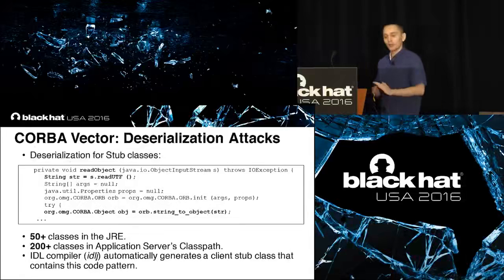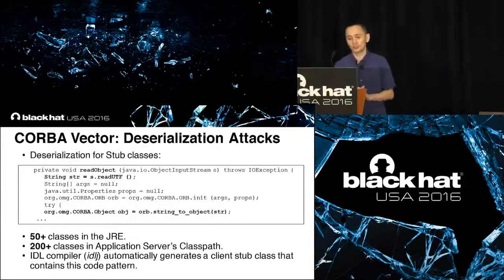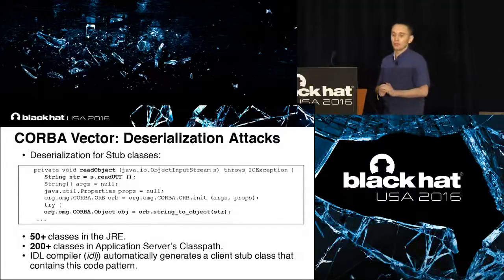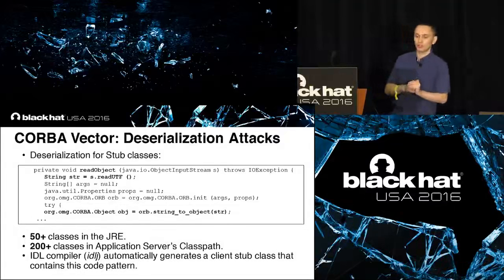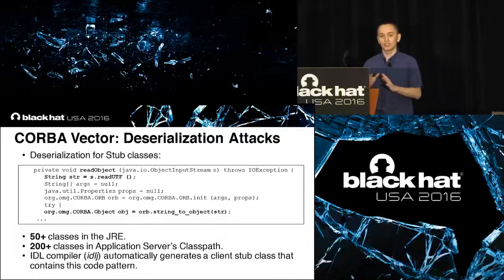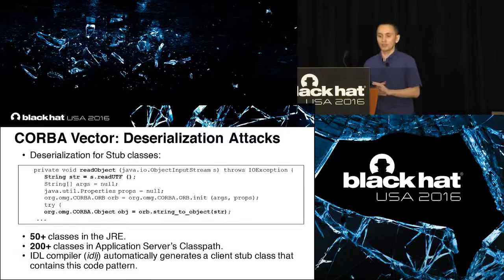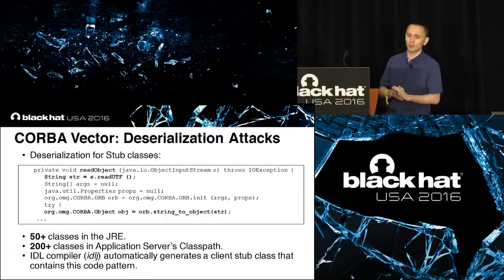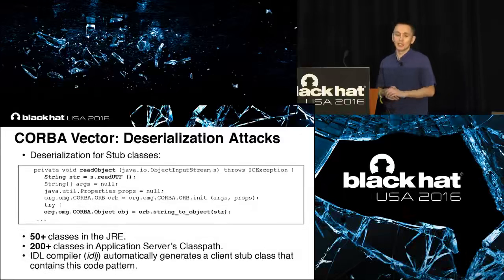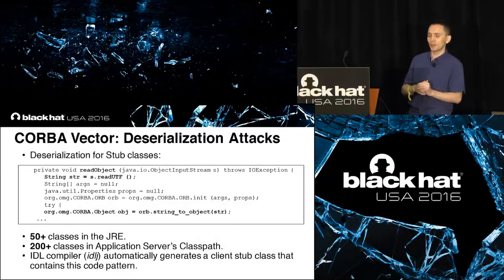Another place where we met the IOR parser is the readObject method of stub classes. As you may know, the readObject method is one of the entry points for deserialization attacks. So if the target application meets the mentioned requirements about the security manager and its policy, plus the attacker is able to provide their own data for deserialization, they will not need any additional gadgets.